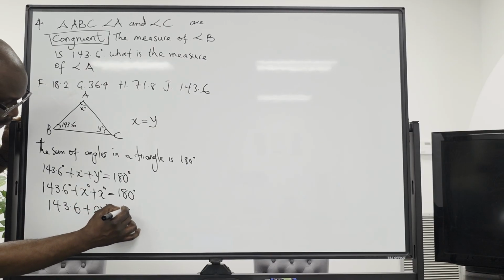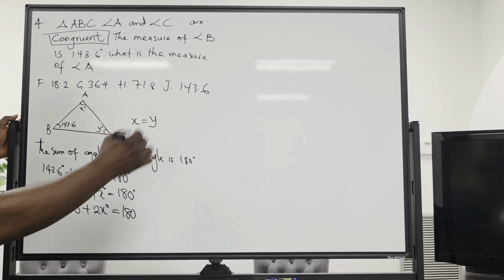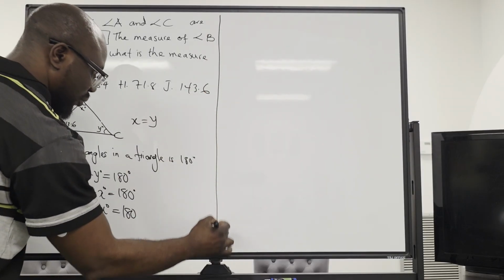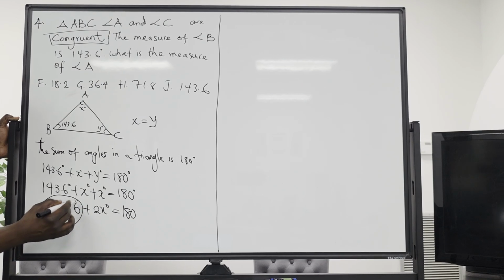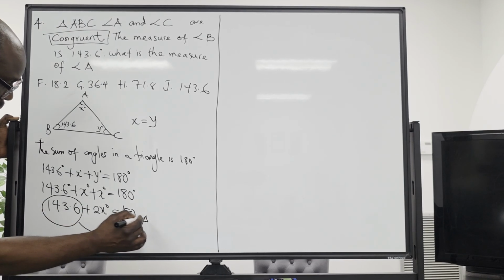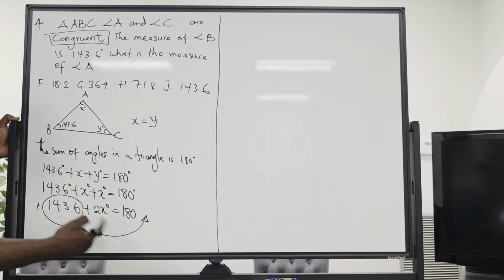It's equal to 180, right? So let's continue right here. So now we have a normal equation. Since this one does not have any x, I'm going to move this right here to the other side. Remember, this is a plus, so when I move it, it's going to change to negative.